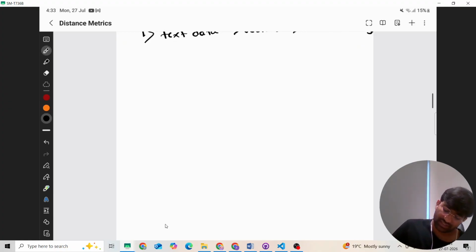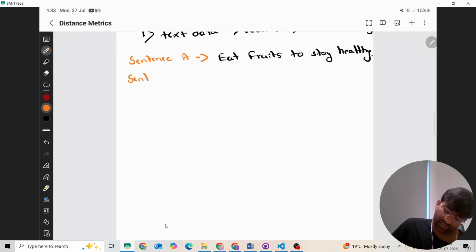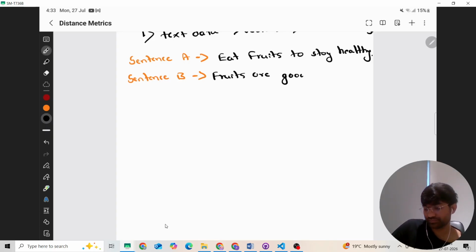Let's consider sentence A. It says: eat fruits to stay healthy. And sentence B is: fruits are good for health.